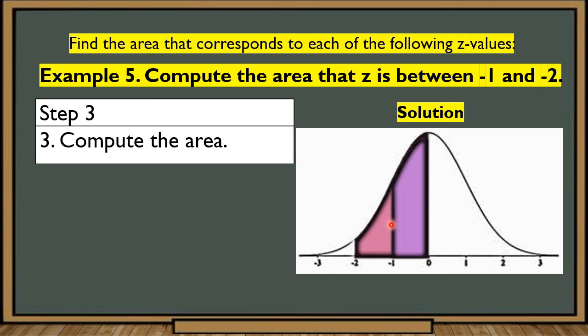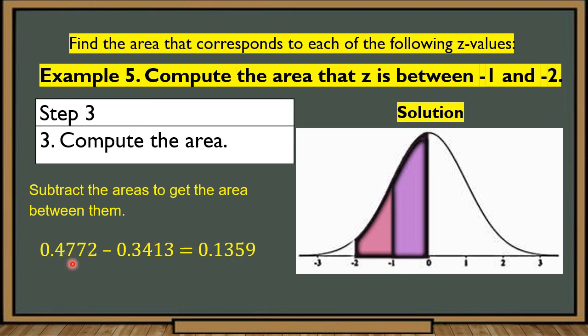Anong fundamental operation na gagamitin natin para mahanap natin yung area between negative 1 and negative 2? So we simply subtract the two areas to get the area between them. Isubtract lang natin yung area from 0 to 1 from area ng 0 to 2 para yung matitira, which is the area between negative 2 and negative 1.